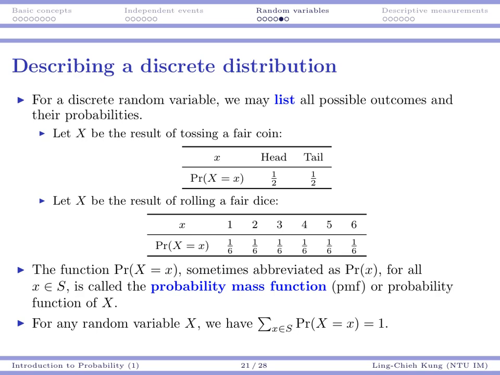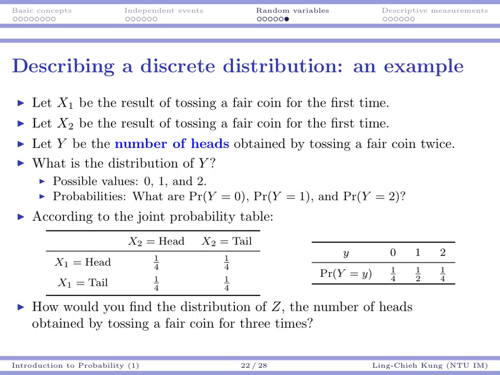Okay? So, as a more complicated example, let's consider tossing 2 fair coins, or tossing a fair coin twice. Suppose x1 is the outcome of tossing a fair coin for the first time, and x2 is the outcome of tossing a fair coin for the second time.